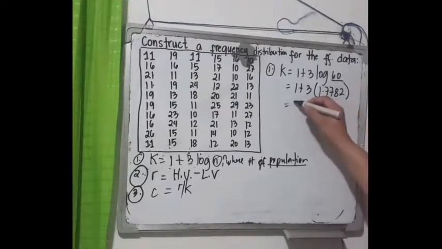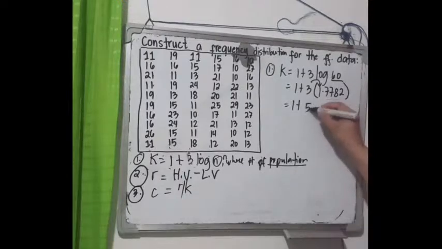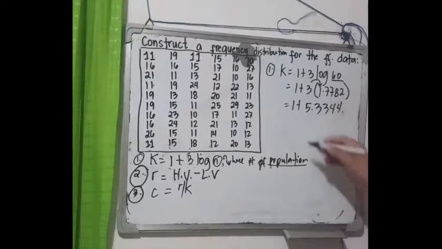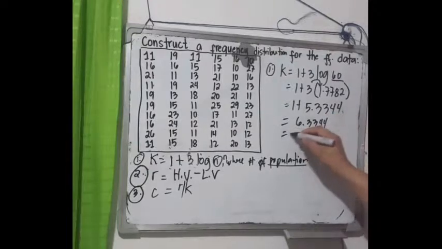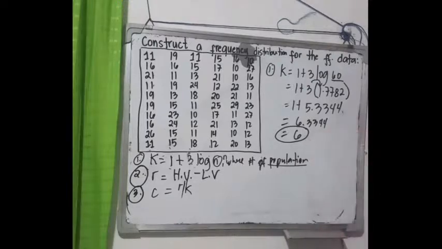Next, multiply 3 times 1.7782, that is 5.3344. Then add 1, that is 6.334, so the value of k is 6. Remember, this is the number of classes, the value of k.